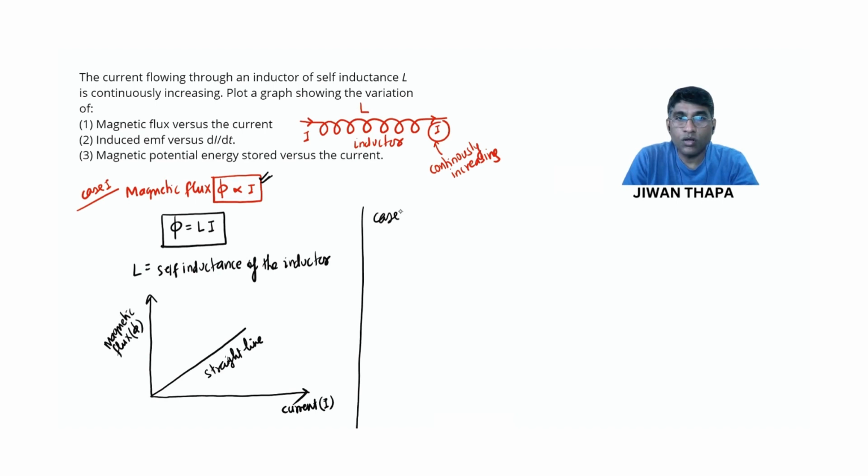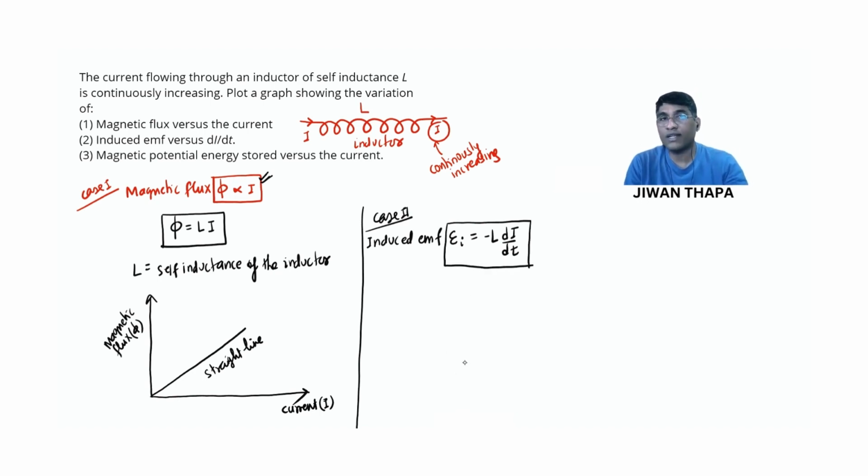Now, case 2. Plot of induced EMF versus di by dt. We know induced EMF, let us denote it by the symbol EI, equals minus L di by dt. In this relation, L, that is the self-inductance of the inductor, is constant for a given inductor.